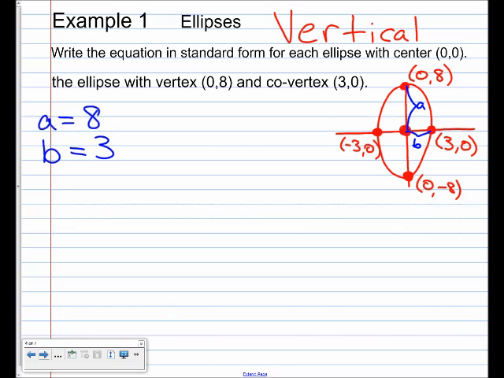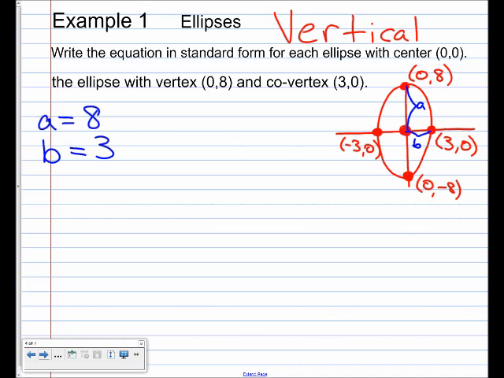Now, a couple of things they're going to ask you in the packet that we can talk about right now. The axis that connects your vertices. If you imagine there's a line connecting your vertices, which in this case is on the y-axis, that is called the major axis. And what is the distance of the major axis? It's 16.